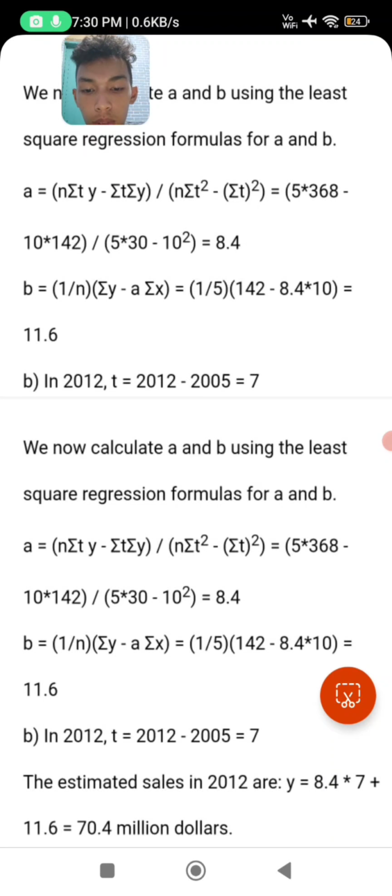For 2012, t is 2012 minus 2005, which is 7. The estimated sales in 2012 are y equals 8.4 times 7 plus 11.6, equals $70.4 million.